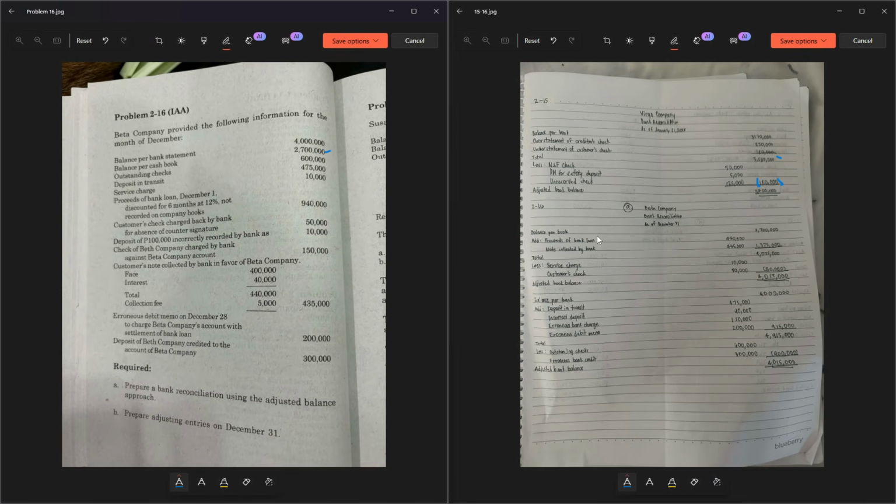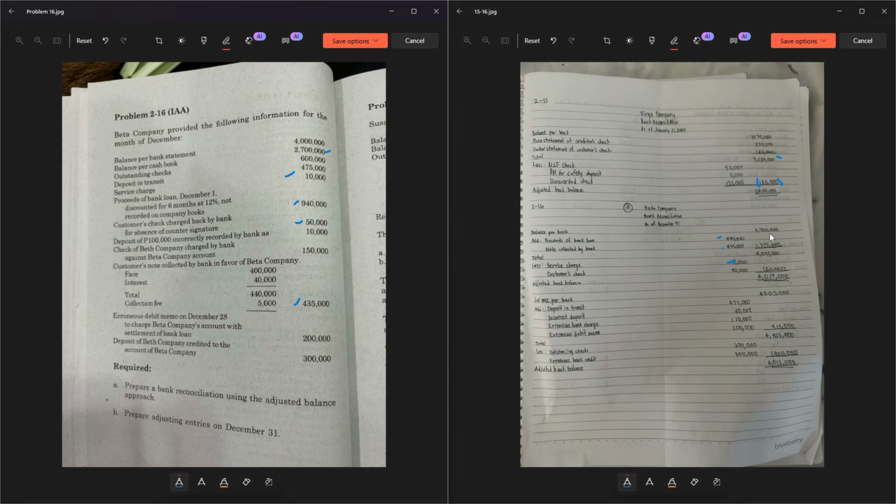Then, the proceeds of bank loan, 940,000. This one. The note collected by bank, 435,000. This one. The service charge of 10,000, which is this one, and the customer's check of 50,000, which is this one.